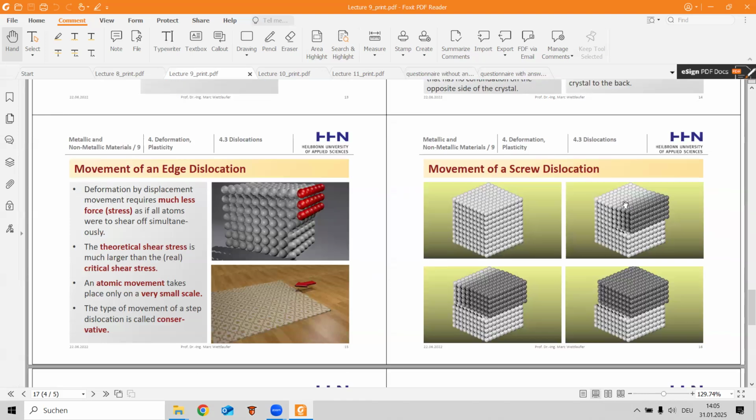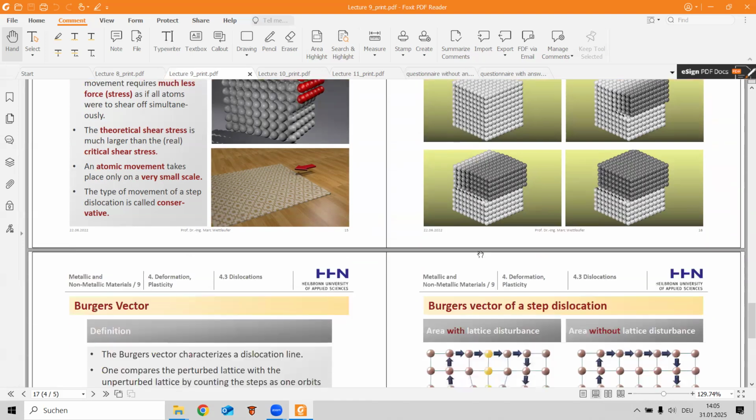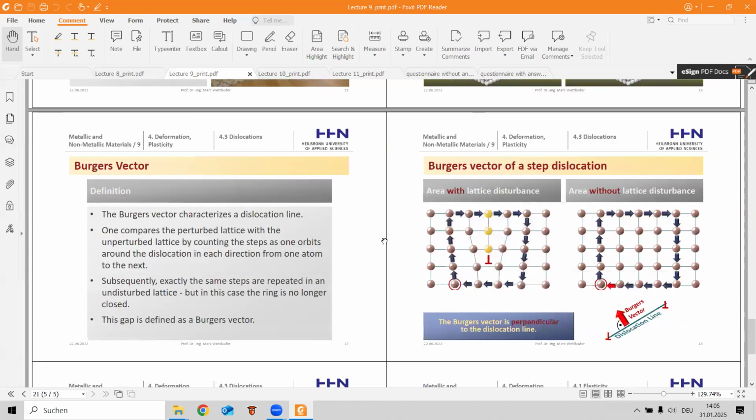This dislocation's Burgers vector characterizes the dislocation line. One compares the perturbed lattice with the unperturbed lattice by continuing the steps around the dislocation in each direction from atom to atom.